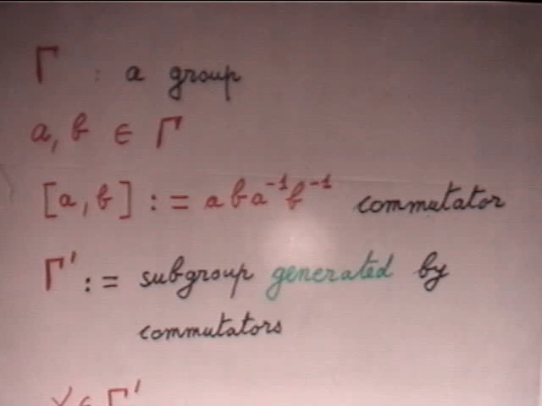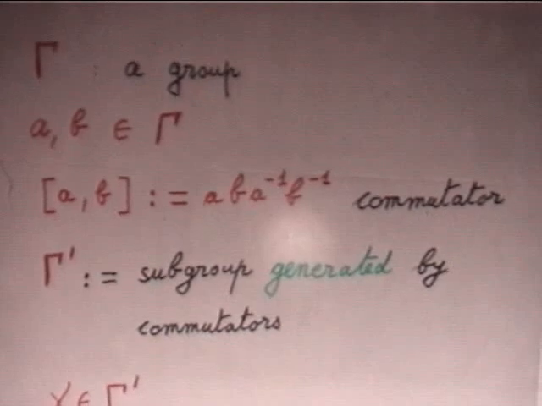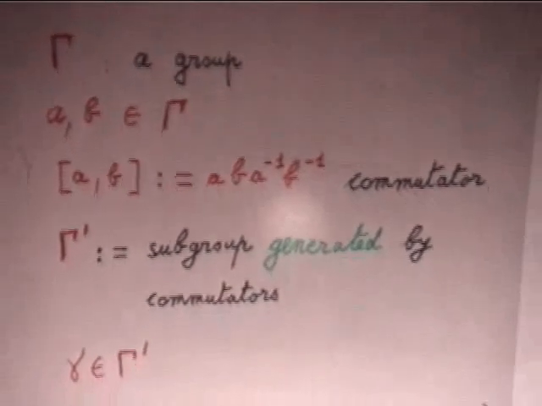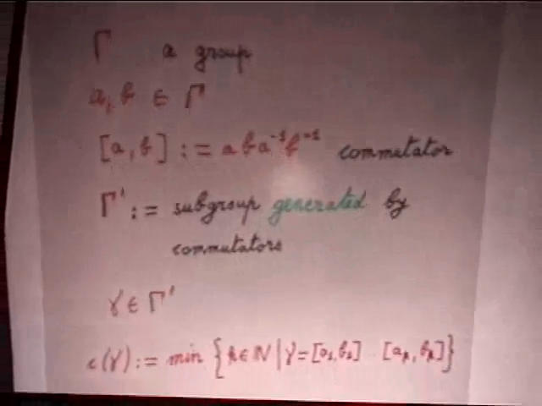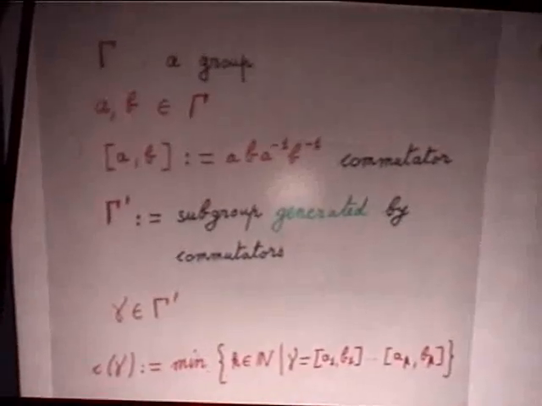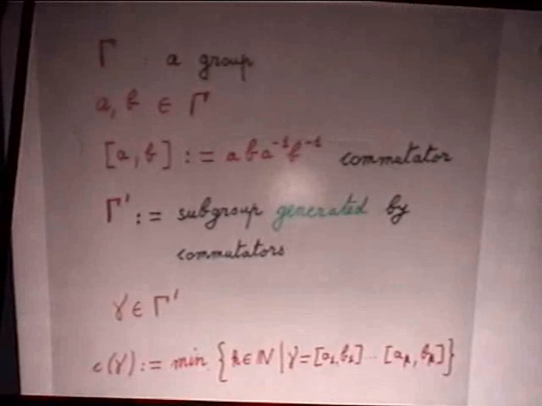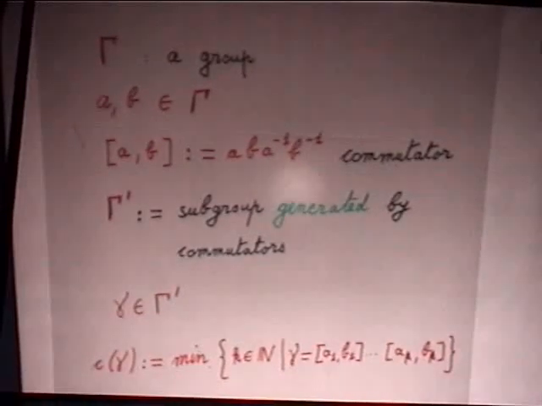And so, even in this full generality, we arrive at some algebraic interesting problem, which essentially has not been studied deeply up to now, which is, given an element of this subgroup gamma prime, one could ask how many commutators do you need to write it as a product of commutators.